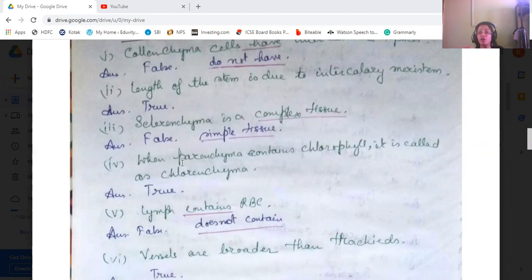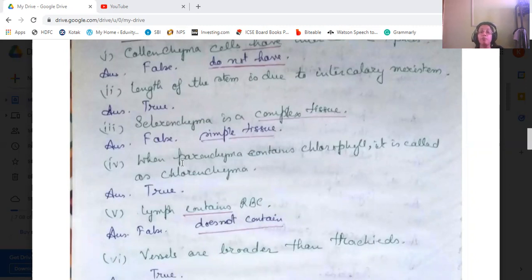The red color of the blood is given by RBC, as it contains hemoglobin. Heme means the color red. So that red color is due to the hemoglobin present in the blood, and the lymph does not contain the RBC, and that's why its color is not red, or rather it's white.